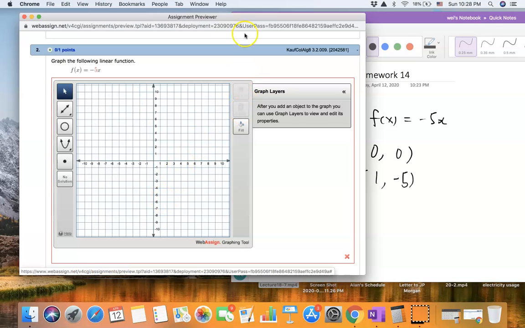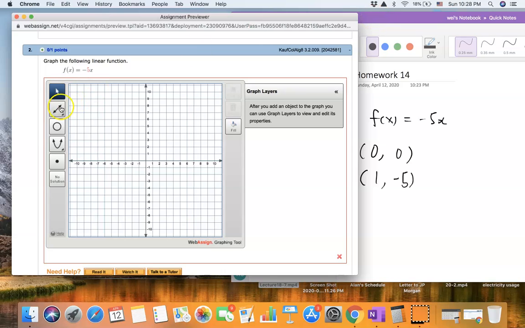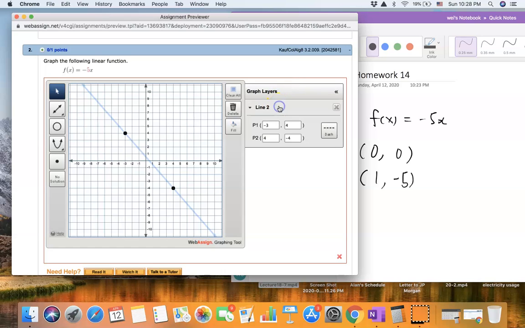Now, there is another way you can do this. After I click on this tool, we can just go ahead and click on 2 random points. And now you will see under the graph layers, if you click on this, it will pop out this window.